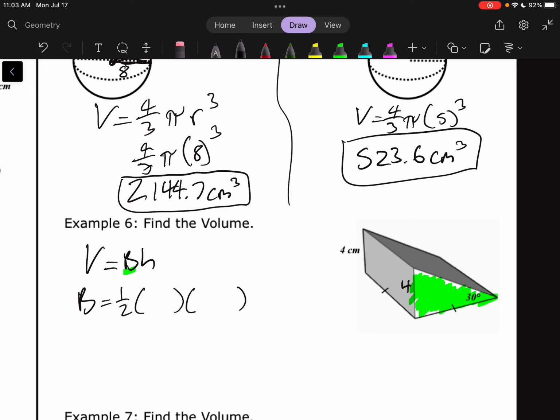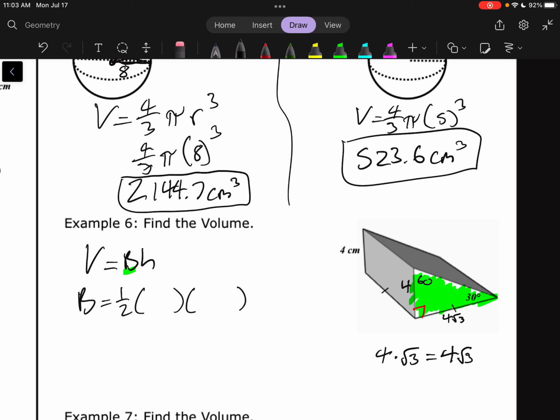We do, however, probably spot that this is a 30, 60, 90 triangle, right? And for 30, 60, 90 triangles, the long leg is equal to the short leg times √3. So 4 times √3 is 4√3.